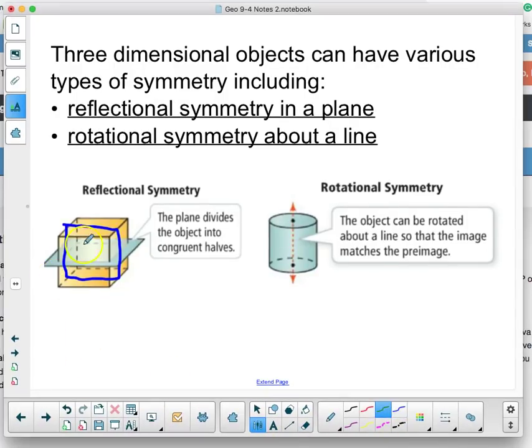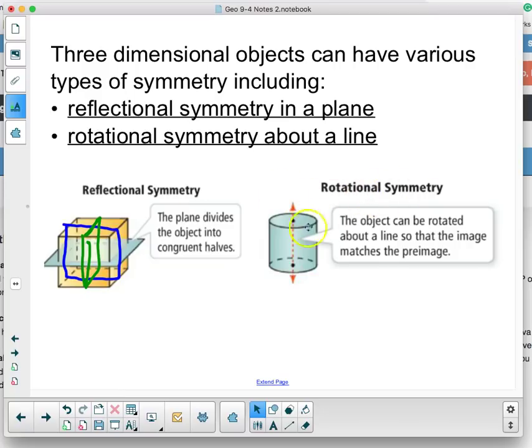If I cut in here, I've got this one coming in here like this. And I've got a symmetry coming around like this. So if this is a cube, I have 3 planes that I can cut this up into that have reflectional symmetry in a plane.